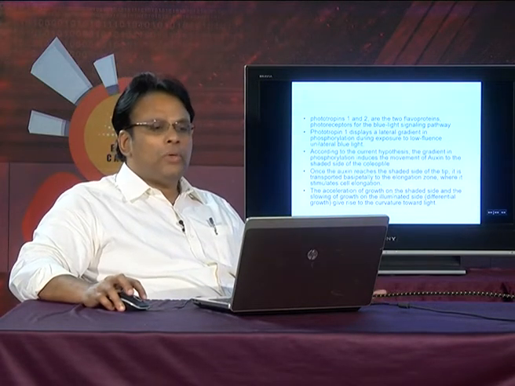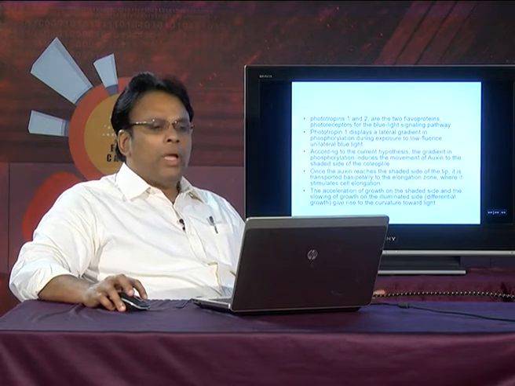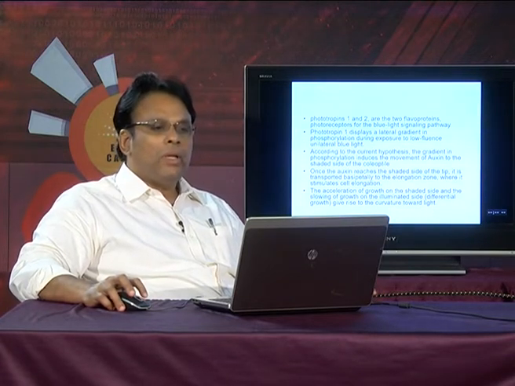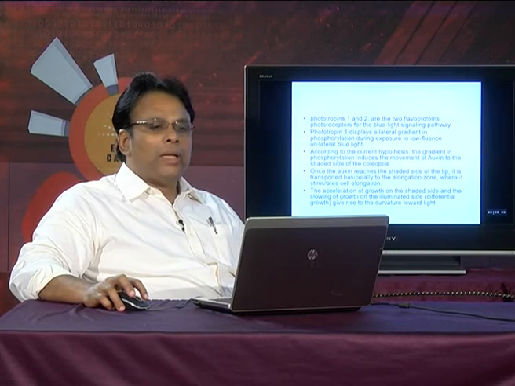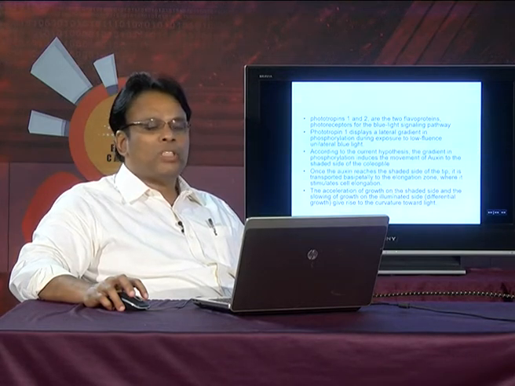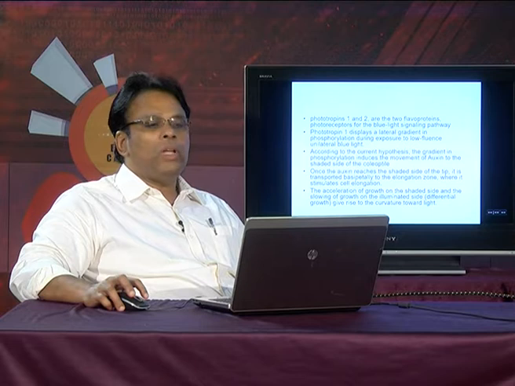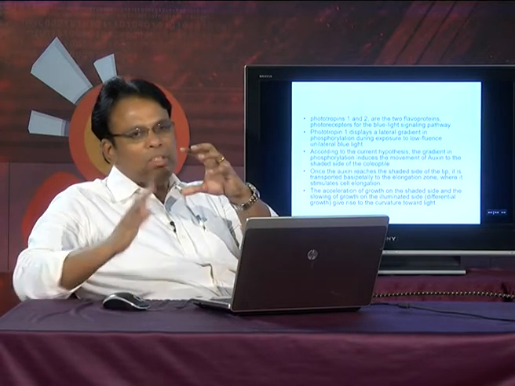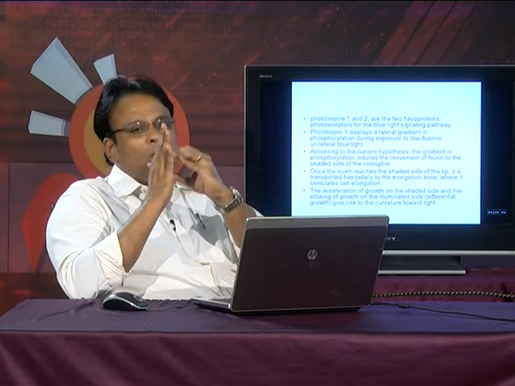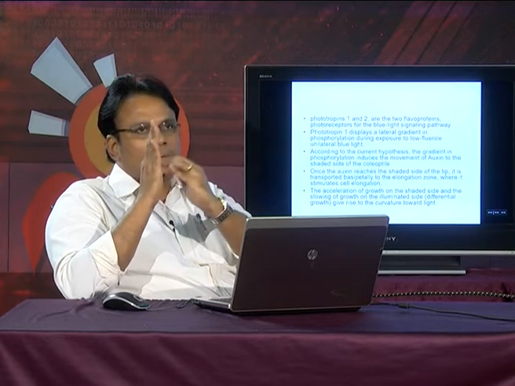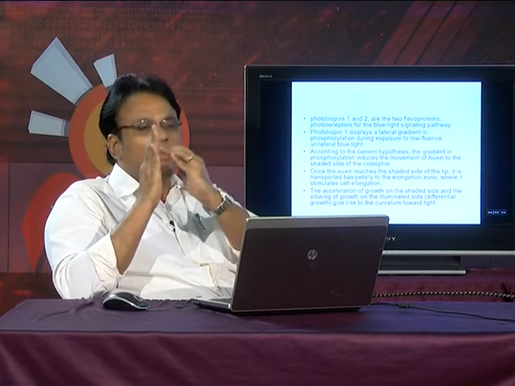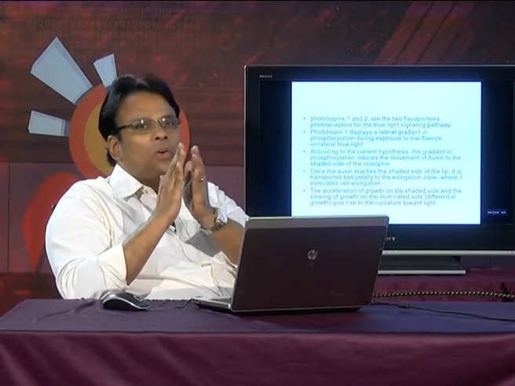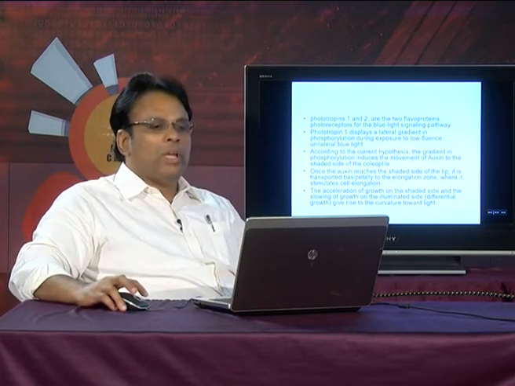There are two types of phototropins, 1 and 2, and these act as the photoreceptors for the blue light signaling pathway. Phototropin 1 displays a lateral gradient in phosphorylation during exposure to low fluence of unilateral blue light. So when blue light falls onto a particular region, say towards this side, whatever phototropins are there get phosphorylated towards this side, and based on that the auxin moves towards the opposite side.